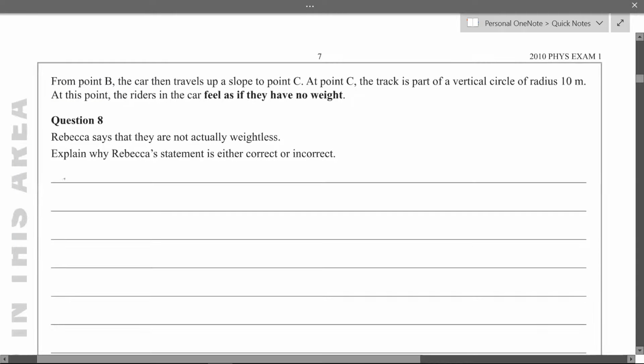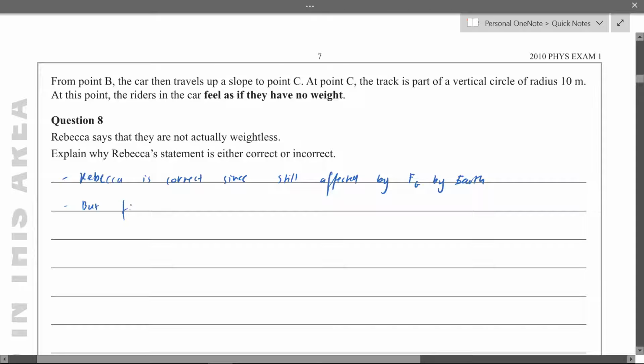I said Rebecca is correct, since they're still affected by Fg by Earth. So they're not weightless because they still have a weight force because they're in the gravitational field of the Earth.